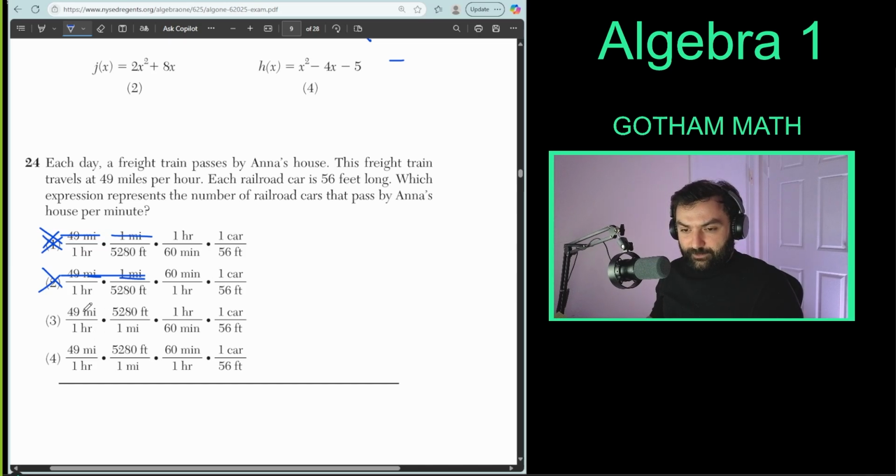Hours good, feet good, miles. Okay, so this can potentially be the right answer. Miles, feet, minutes, car, hour, miles. Okay, so no, this is not the answer. Look at this, hour. That's it. It's 3, guys. How about that? I didn't even read the question.